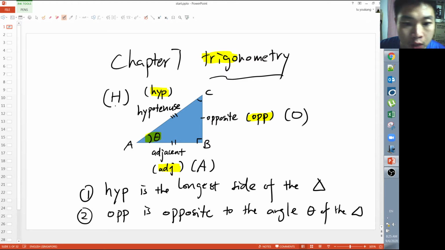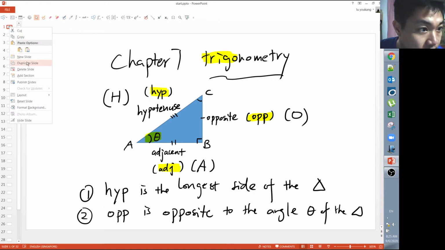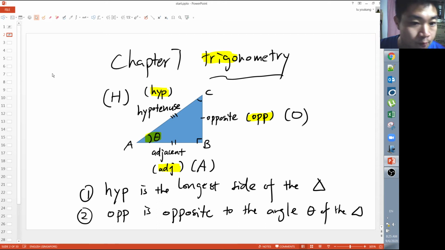All right, so once you are familiar with all these general terms for trigonometry, you actually start to have some rules you need to remember. Okay, so without further ado, let me just get this slide to the next slide as well.